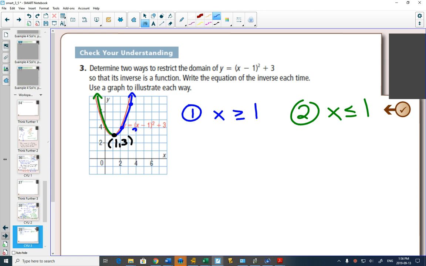We would have 2, 4 and 3, 7. And in green, I'm going to label some points 0, 4 and -1, 7.